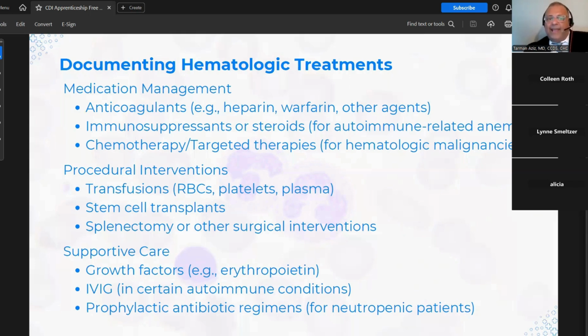You also see plenty of use of immunosuppressants and steroids, particularly when the anemia is autoimmune in nature. And we do also see, for some blood cancers, very targeted and specific types of chemo that can let us know the patient may have leukemia or lymphoma.